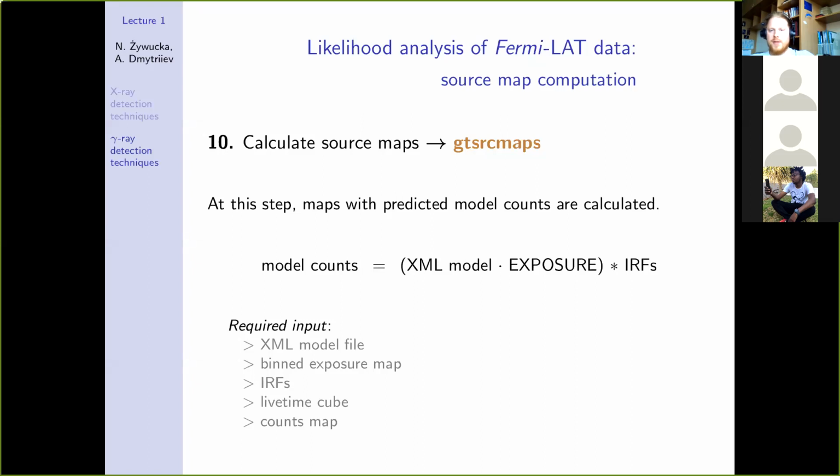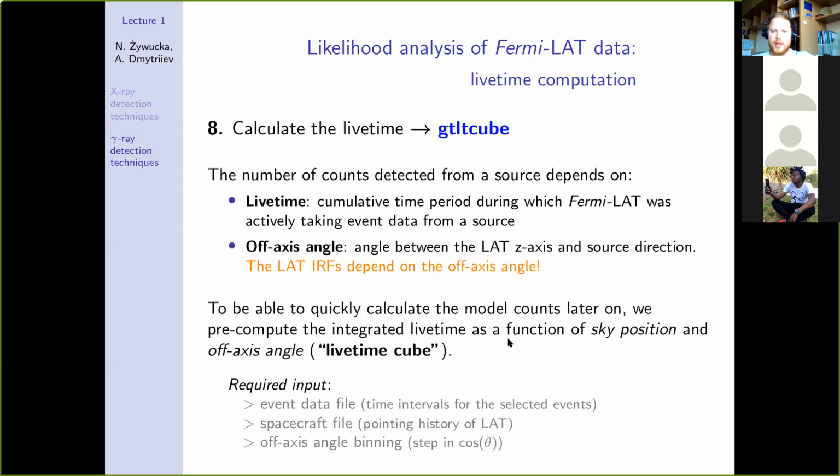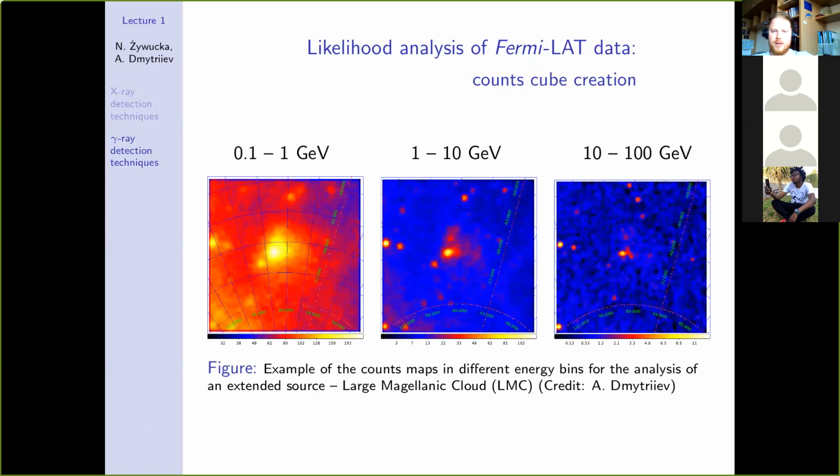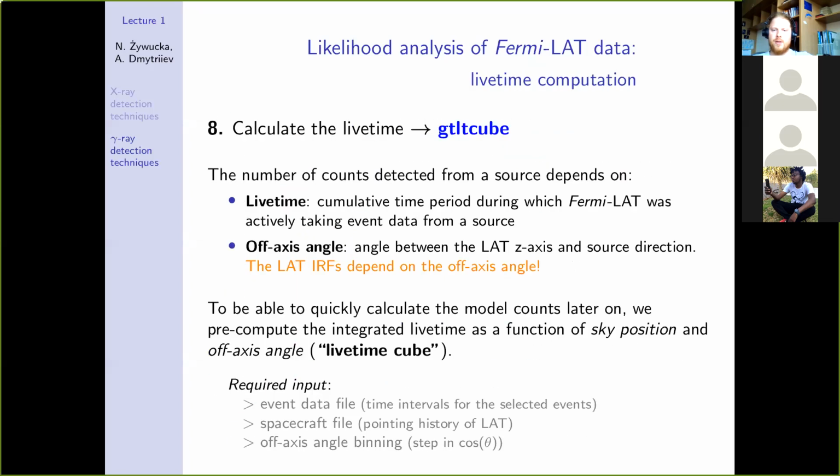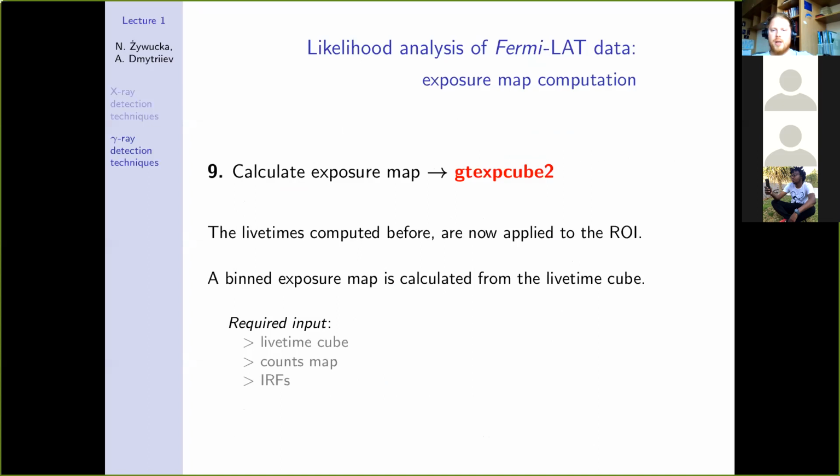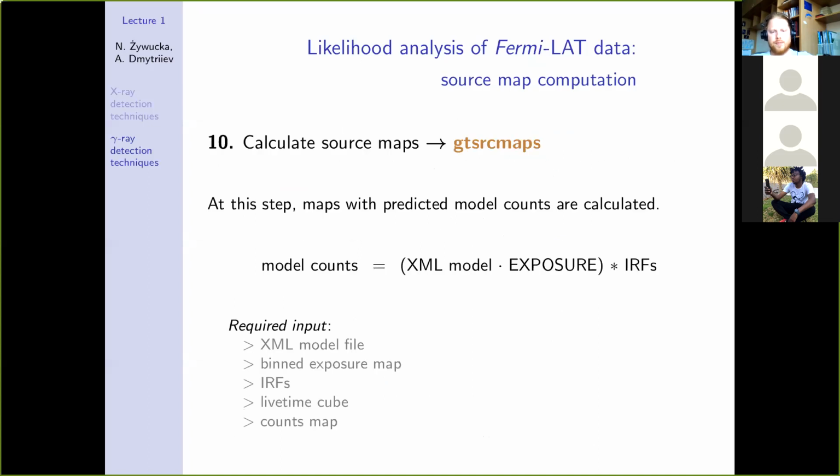Because we specified physical fluxes, we multiply by exposure, we get photons, and we convolve it with the IRFs, and we get model counts. And this has to be compared with the real counts in the data. This is done by likelihood optimization.